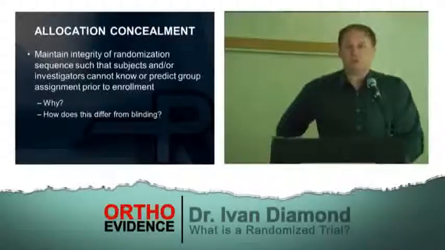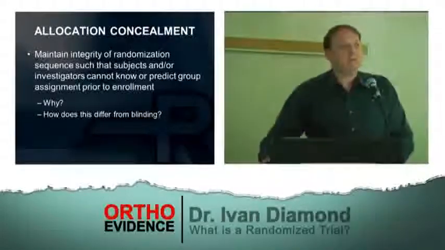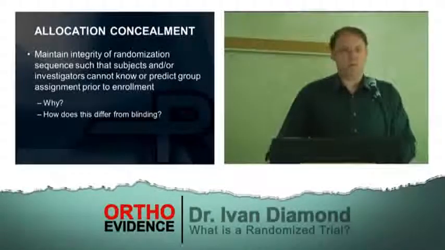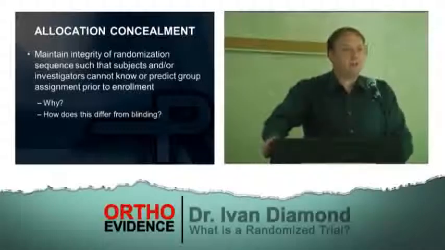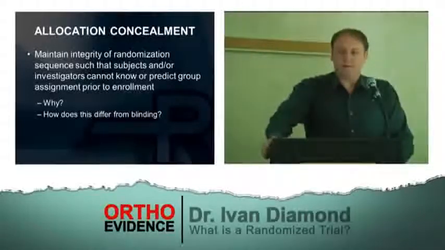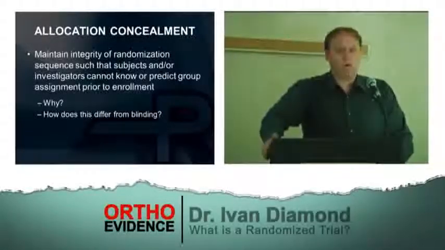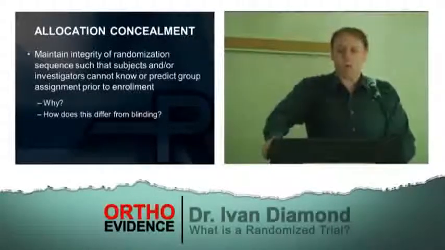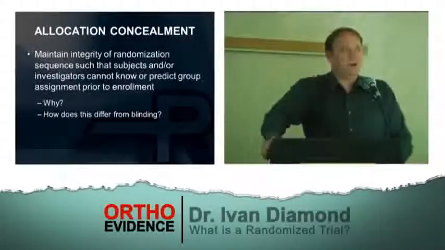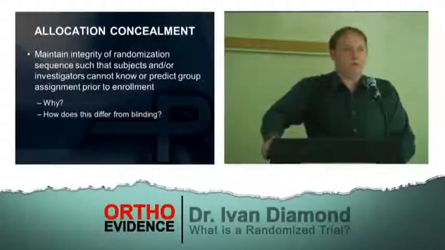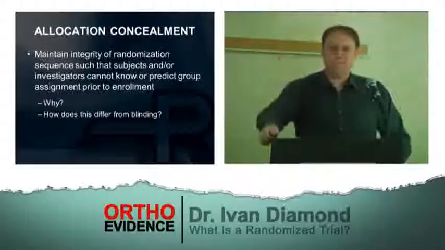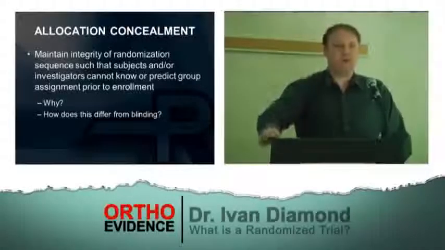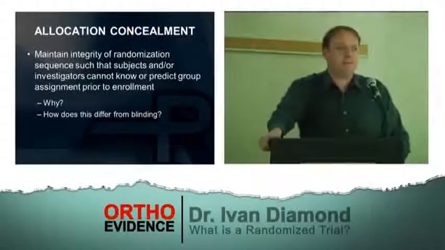So allocation concealment is a maintenance of the integrity of the randomization sequence such that subjects and/or investigators cannot know or predict which group they're going to be assigned to prior to enrollment in the study. Why is this so important? Bias. So what type of bias does it introduce?